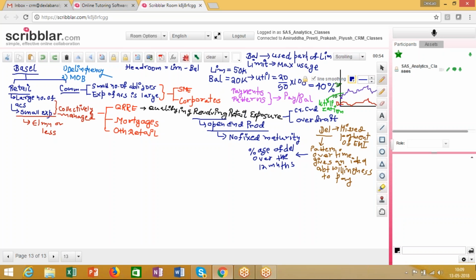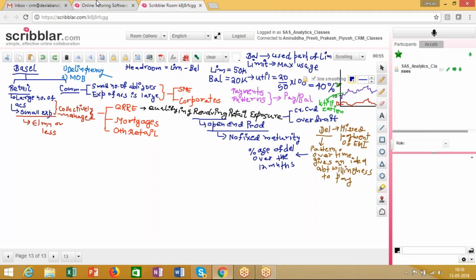Therefore, by looking into this percentage of delinquency over the last 12 months, you can identify whether a borrower is risky or not. So this delinquency variable becomes very important.